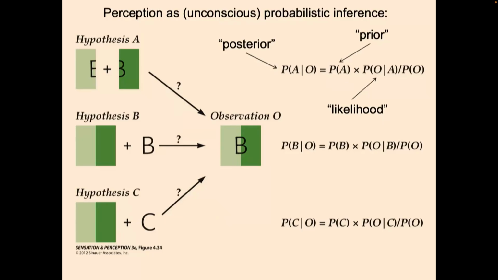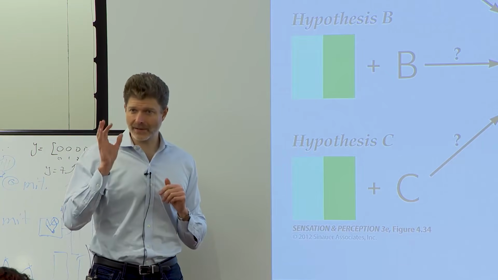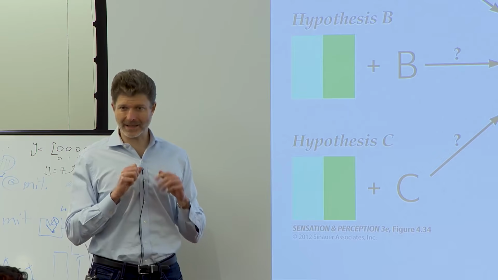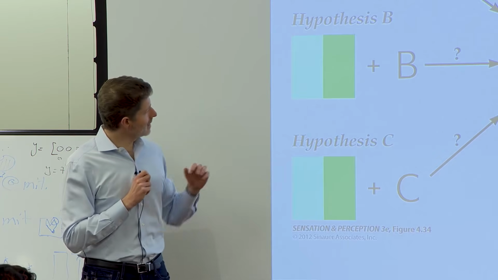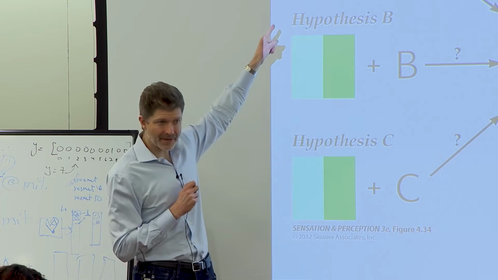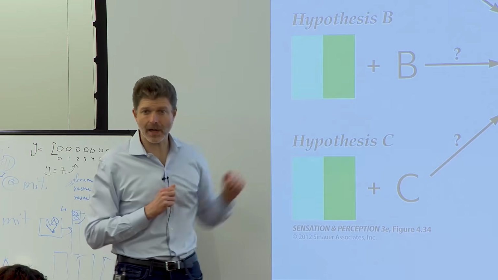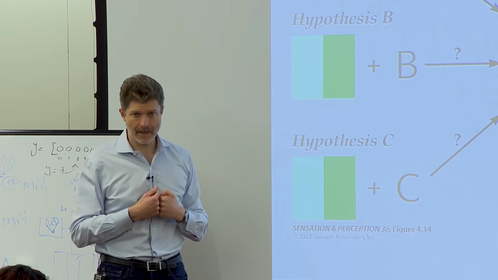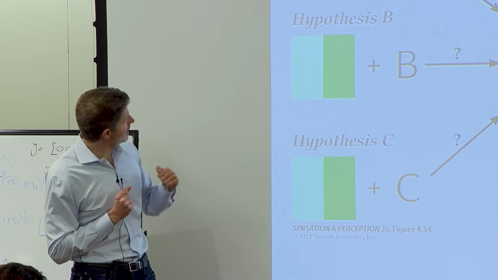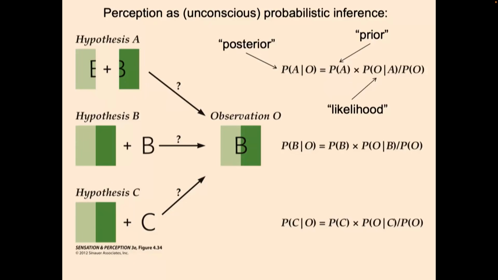Okay, now the likelihood is the probability of the observation given the hypothesis, all right? That's going to tell us to what extent could a hypothesis actually have caused the observation? Okay? And so in this contrived example, the idea is that hypothesis A and B both do a very good job of explaining the observation. Okay?